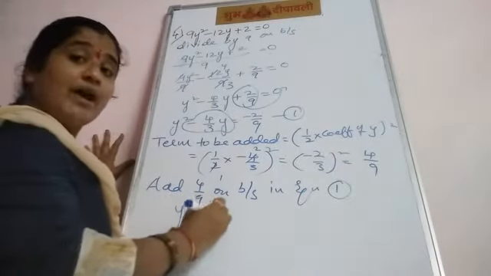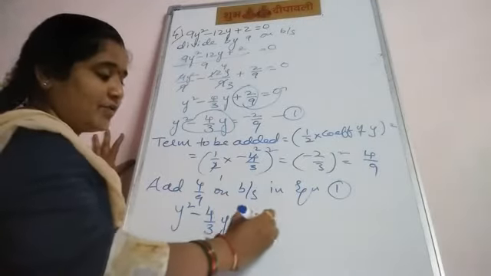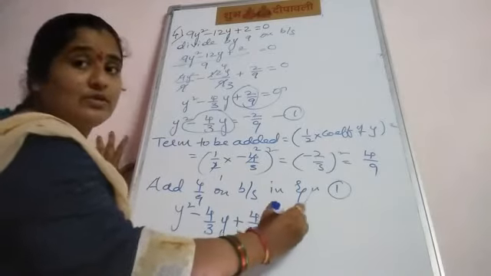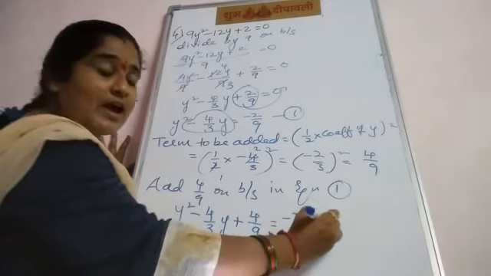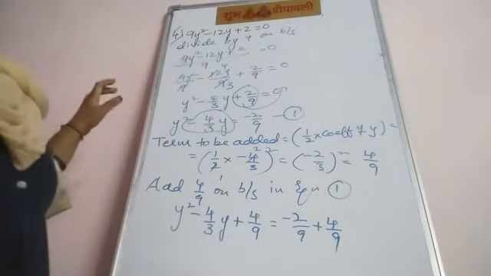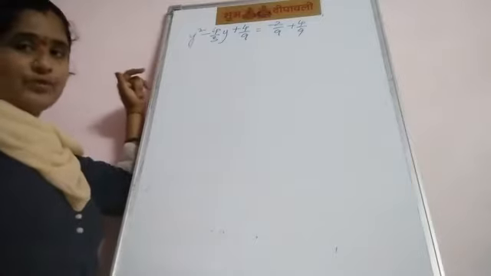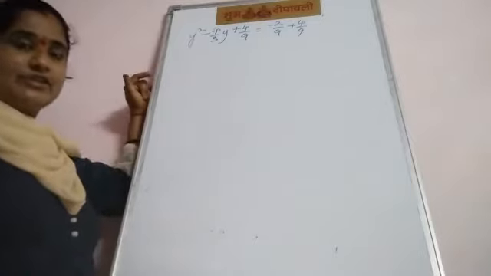y² - (4/3)y + 4/9 = -2/9 + 4/9. Students, now we added 4/9 on both sides in quadratic equation 1.